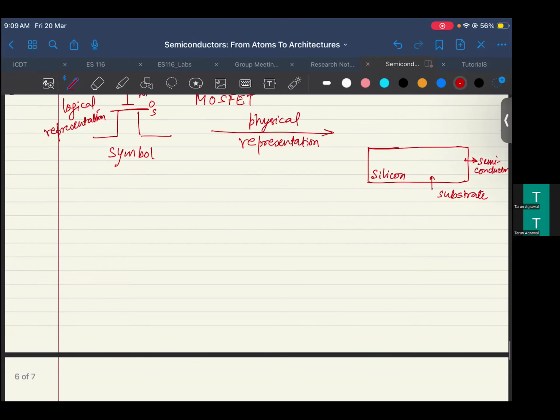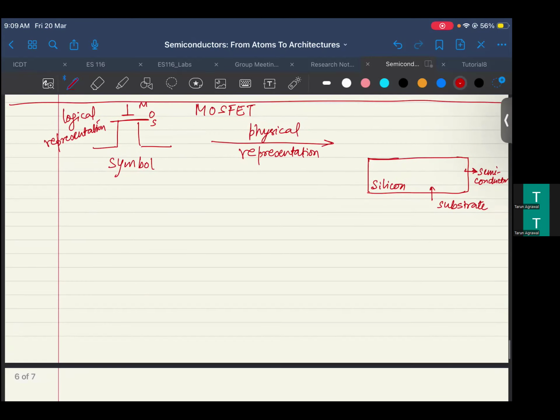MOS means metal, oxide, and semiconductor, and FET means field effect transistor. And that is how we are going to draw the structure also, right? So we have drawn the semiconductor, which is also serving as a substrate. Very good.